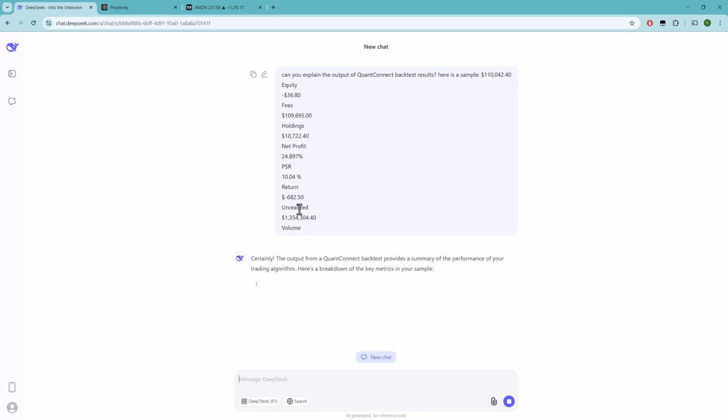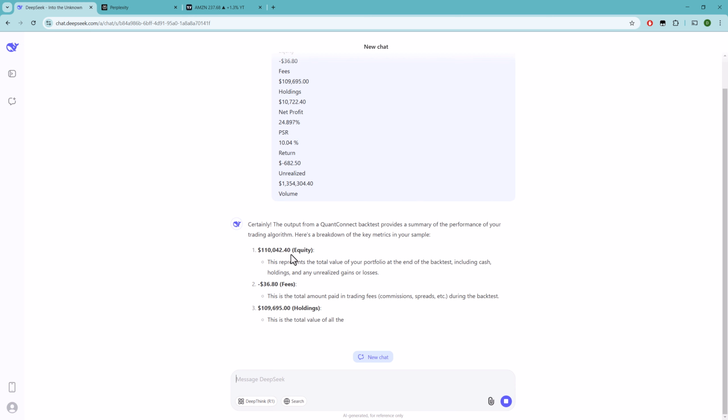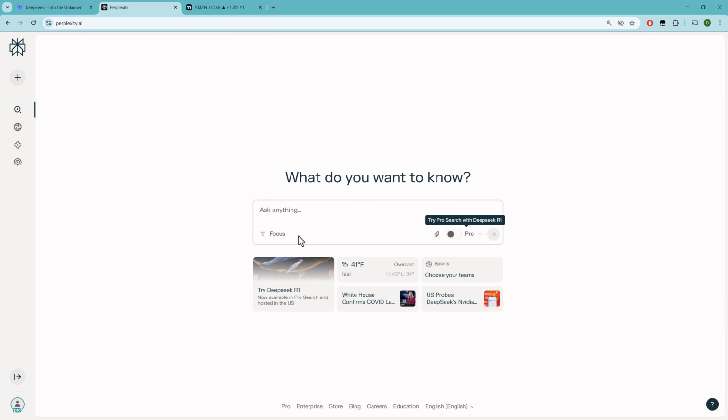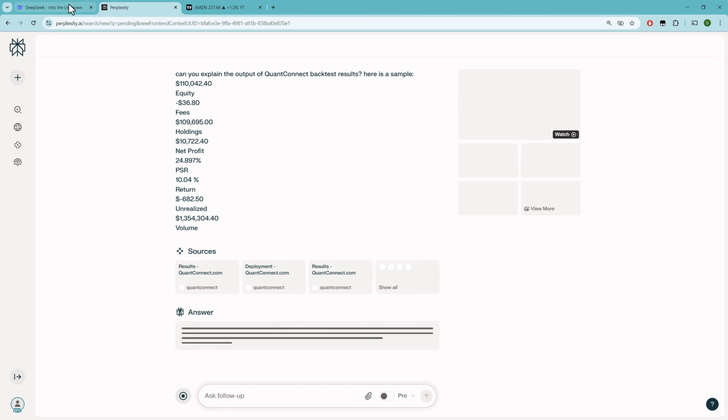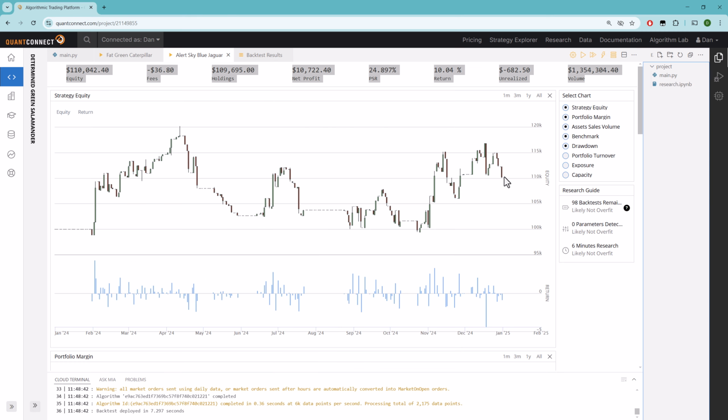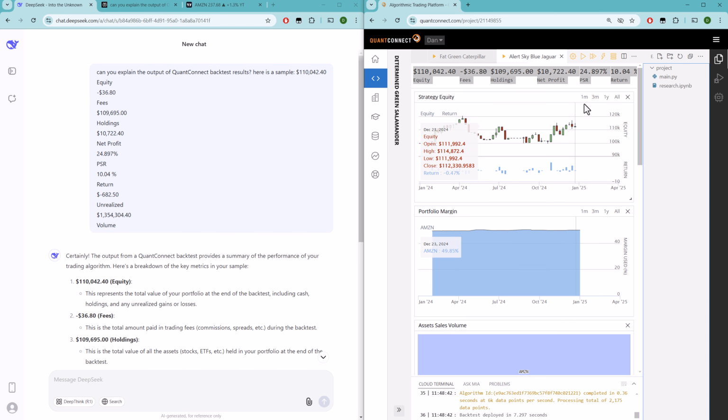Let's see what it has to say. And meanwhile, why not do it in parallel and also ask Perplexity about it? All right, so let's see what the explanations are.